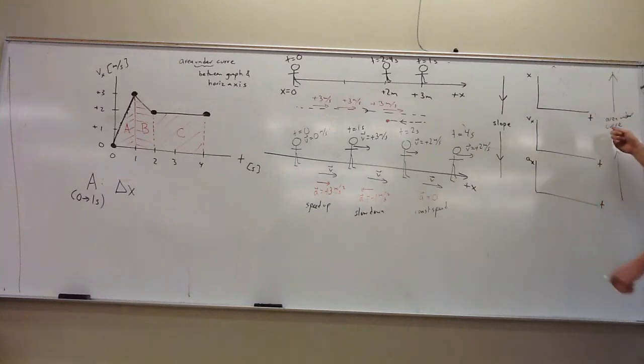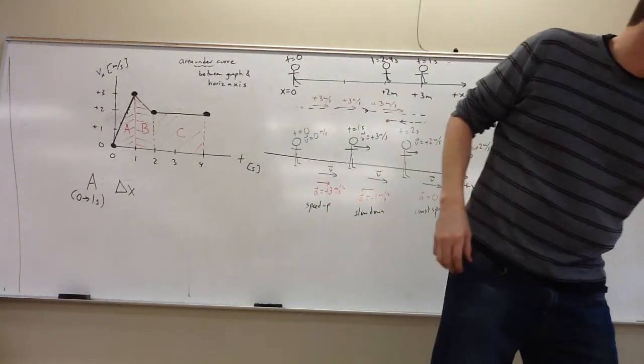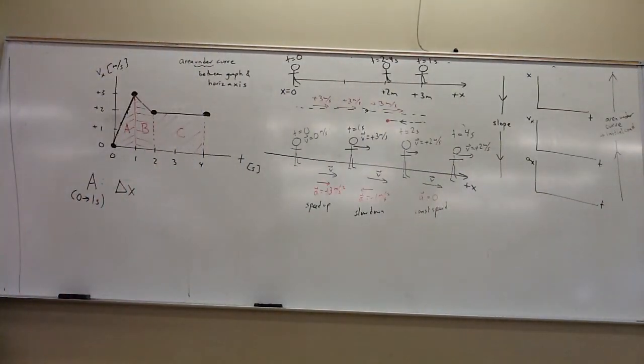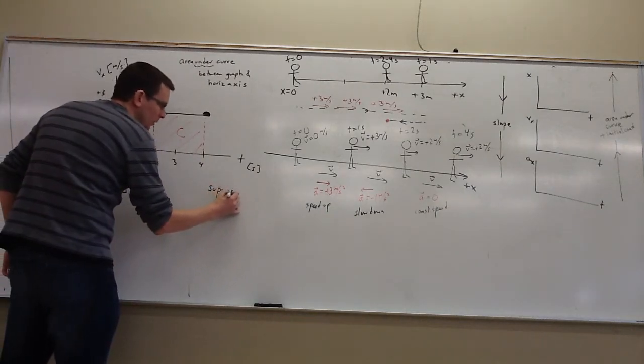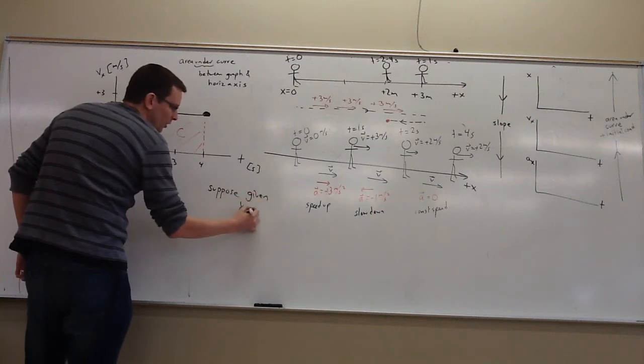So area under the curve is only one thing that you need to do. You also need to be given what we call initial conditions. That's a separate piece of information that needs to be handed to you. So for instance, let's suppose in this case that you're given that x initial is 0.